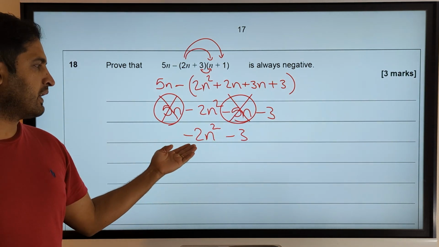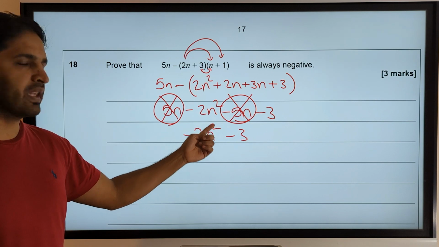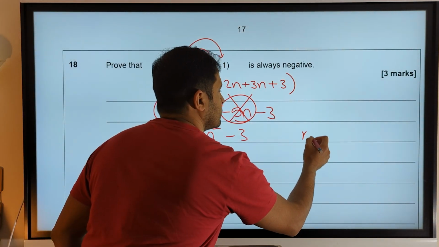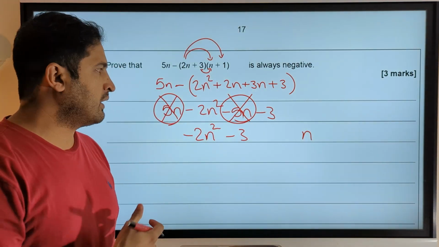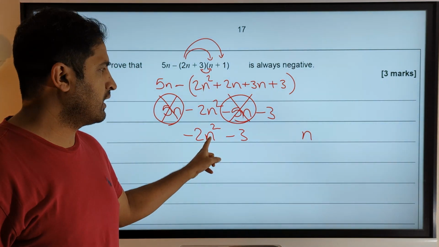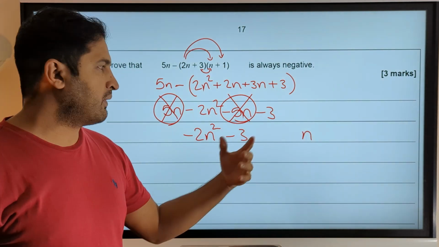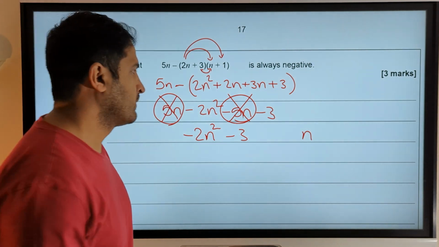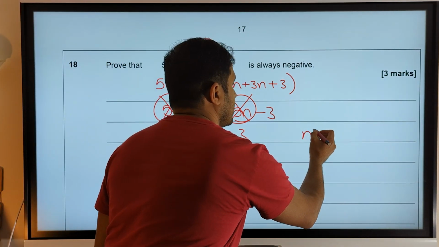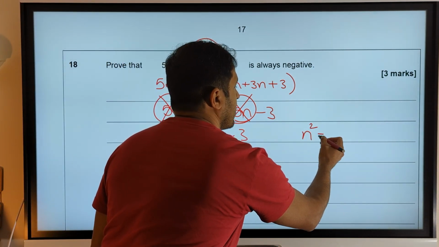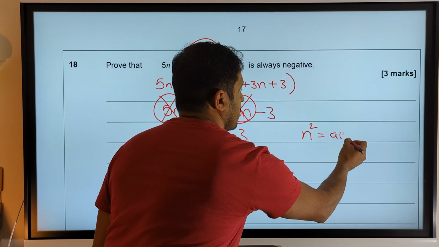We're going to have the negative answer, because with n squared, it doesn't matter. If n is positive, then it's going to be a positive number. If n is negative, it's going to be a negative number. So if n is positive or negative, the n squared is always positive.